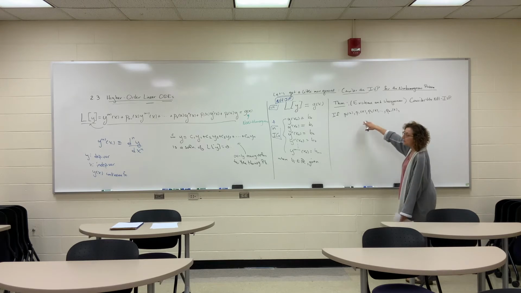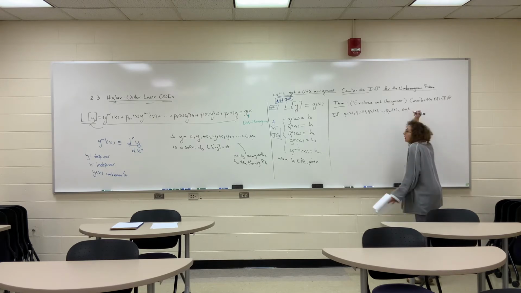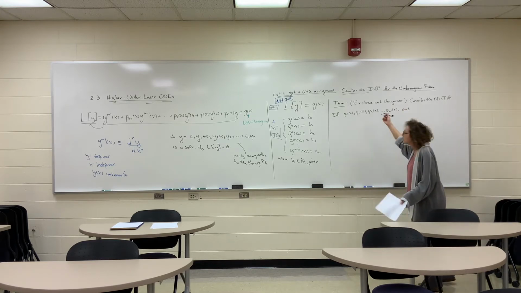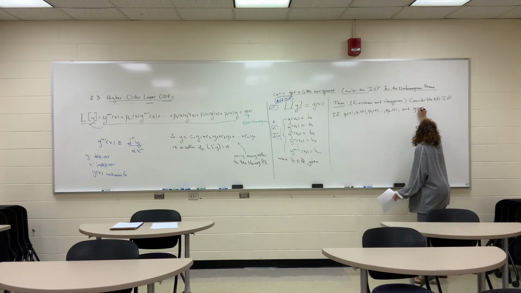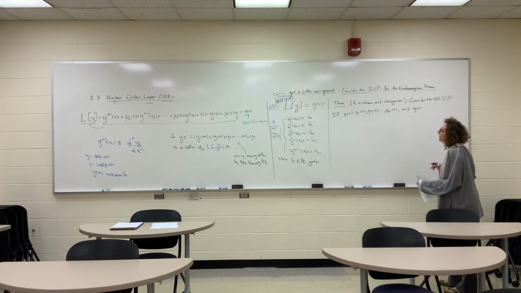Okay, so I need all my coefficient functions, and my non-homogeneous term, which is g of x, the right-hand side, once you move all the stuff with y's to the other side.